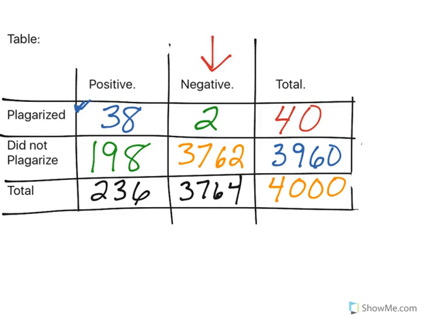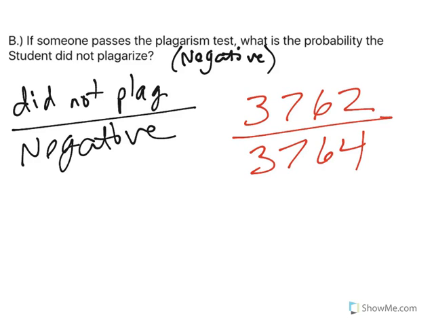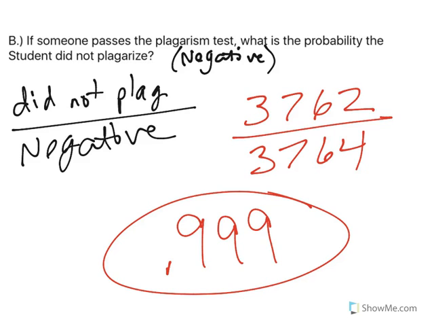If the student tested negative, I'm going to use my 3,764 as my bottom number. How many of them did not plagiarize? Well, 3,762. So I end up with a fraction of 3,762 did not plagiarize out of the 3,764 of them who tested negative, they passed. So we have a 0.999 probability, or 99.9% chance that if somebody tested negative, that they really didn't plagiarize.